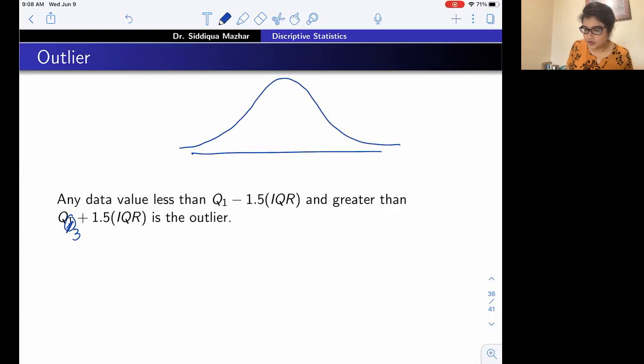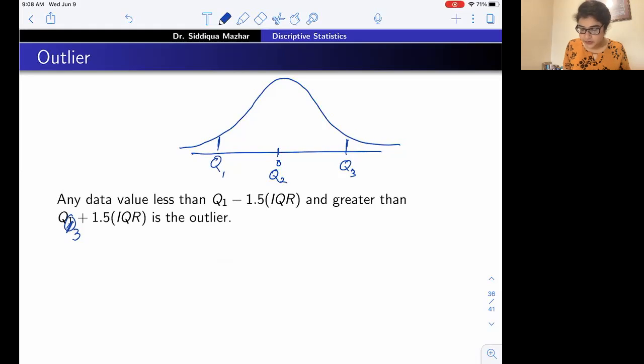If your data is normally distributed, then here is your mean, which is your Q2 in terms of quartiles. Q3 will be 75% of your data, and Q1 will be your first 25% of your data.